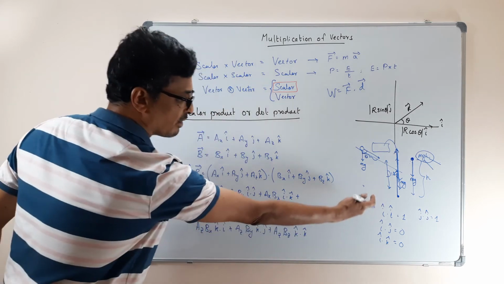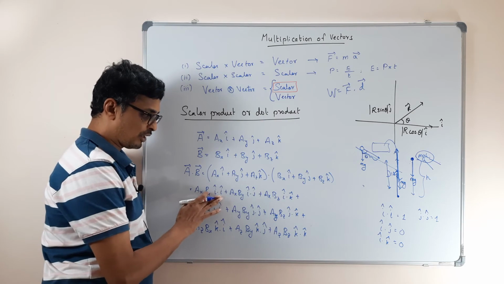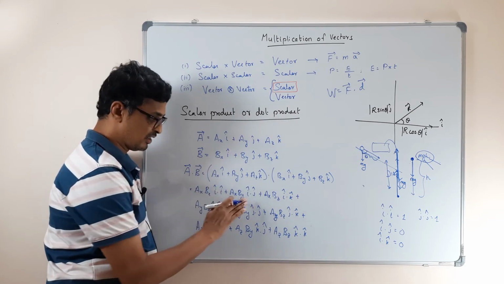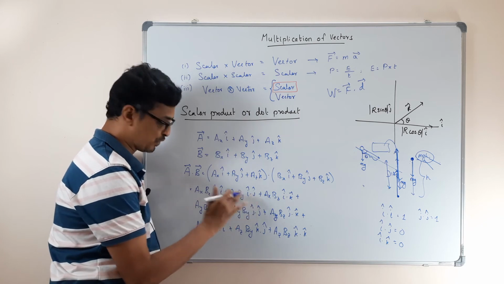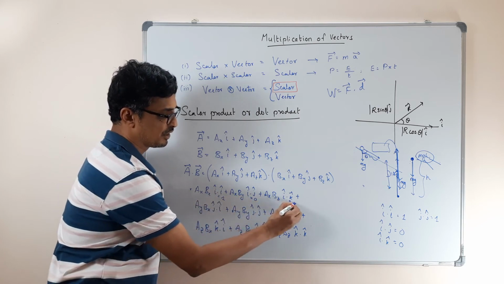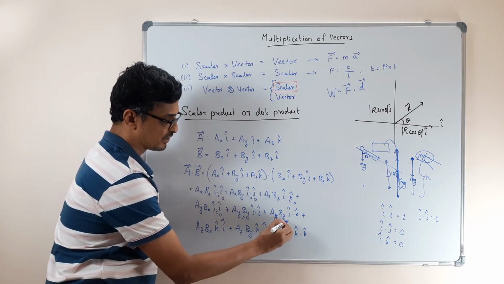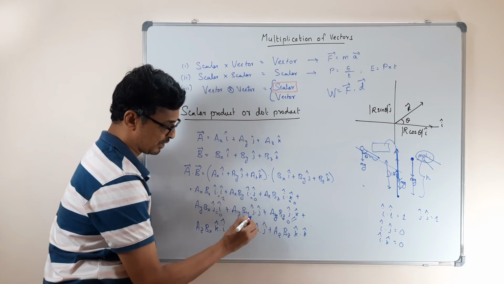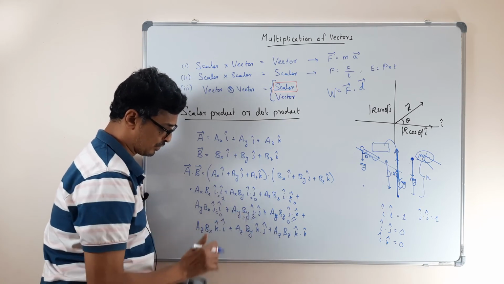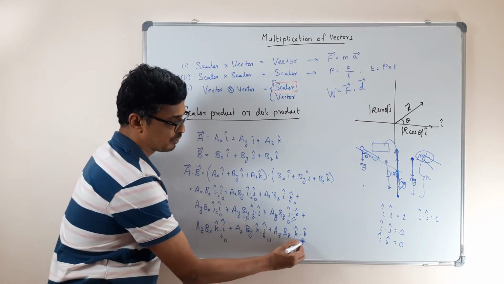Now we know that, correct? The dot product of unit vectors in the same direction will be 1. Those in perpendicular directions will be 0. So this is 1, this is 0, this is 0. Similarly, this is 0, this is 1, this is 0. Sorry, I wrote it in the wrong place. Similarly, this is 0, 0, 1.